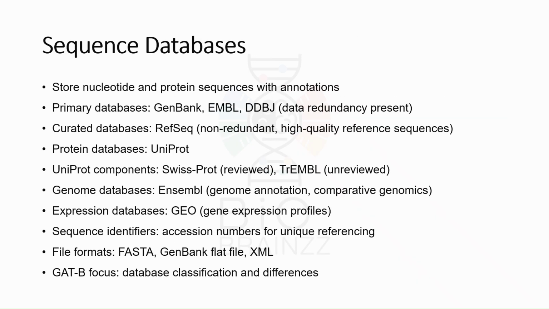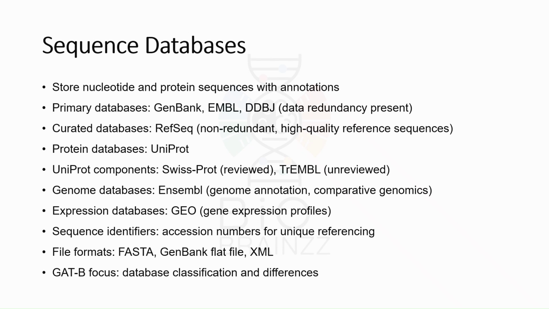Sequence databases show nucleotide and protein sequences along with their annotations. Primary databases like GenBank contain raw and redundant data, while curated databases like RefSeq provide high quality and non-redundant sequences. This difference is very commonly asked in exams.